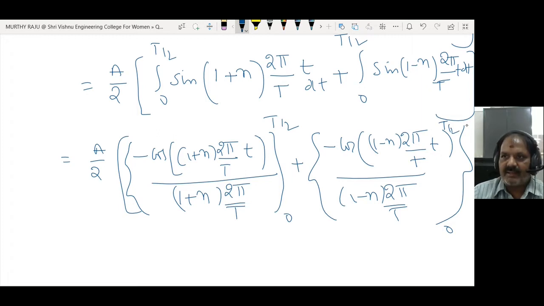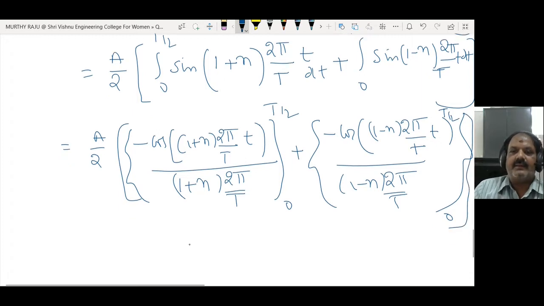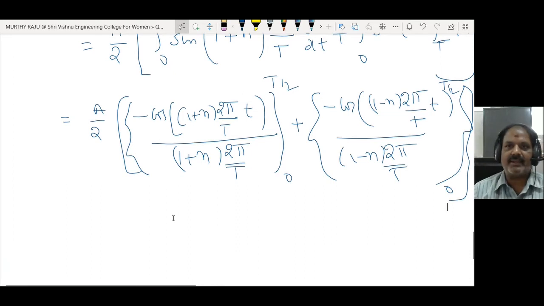This is the entire expression. Substitute small t equal to T by 2.